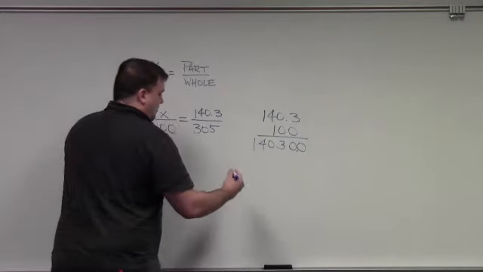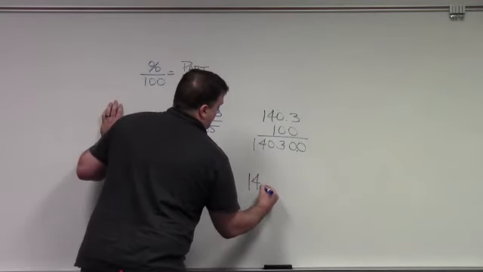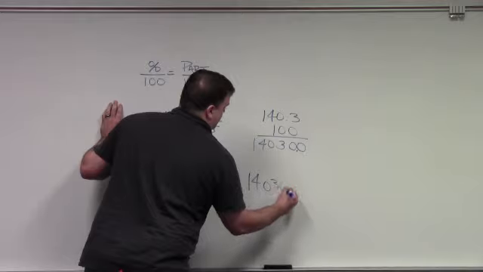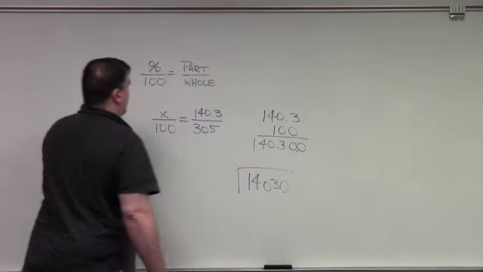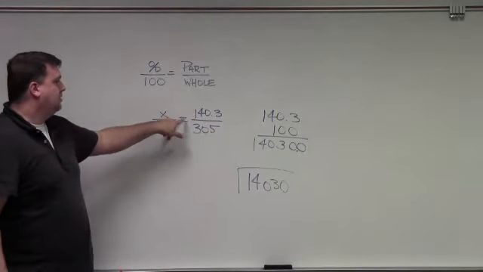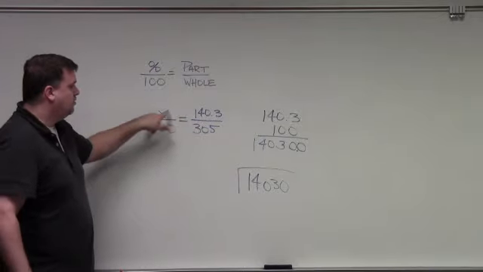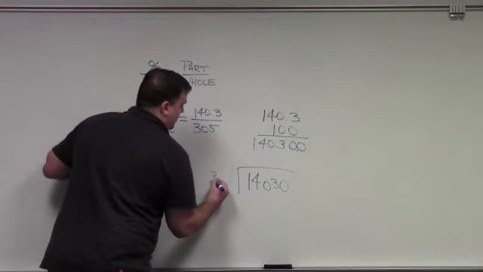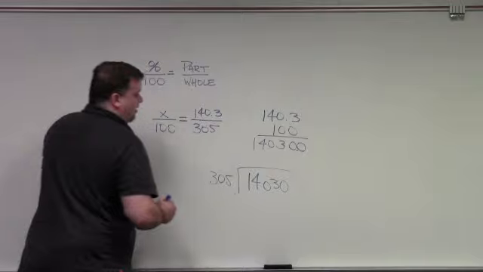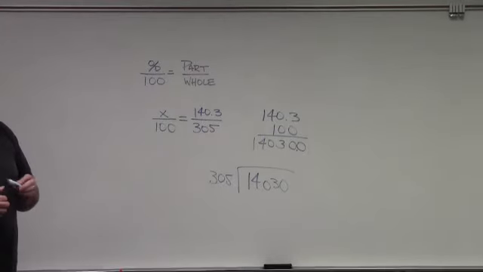So you multiply and then divide by the number that's on the diagonal with the x. So this diagonal involves the x, so you're going to divide by 305. And whatever you get when you divide that number is your answer.